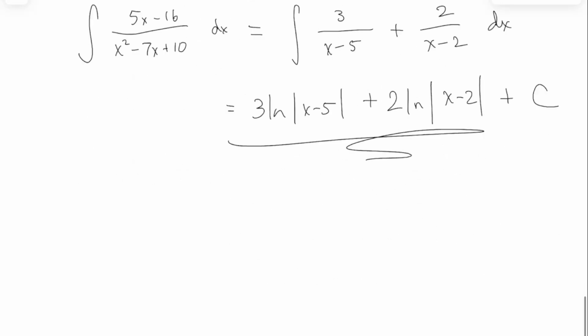All right, this one is going to be very similar. Let's try the integral of 4x minus 1 over x squared minus 3x minus 4. See how you like it. Leave the integral for a while and just do the partial fractions, and then come back to the integral at the end.